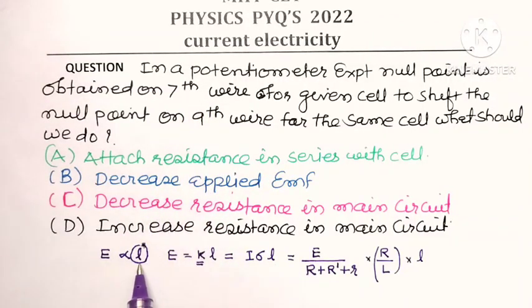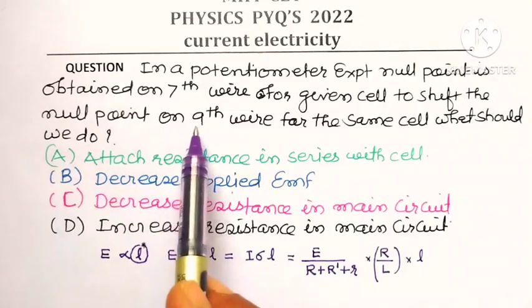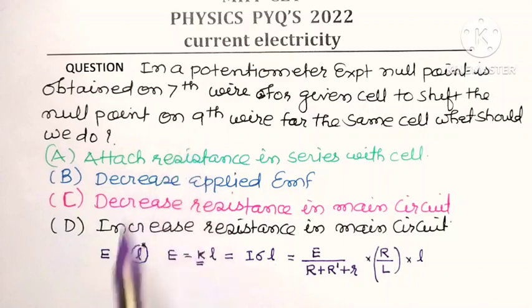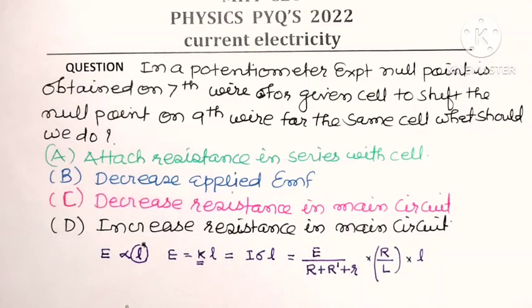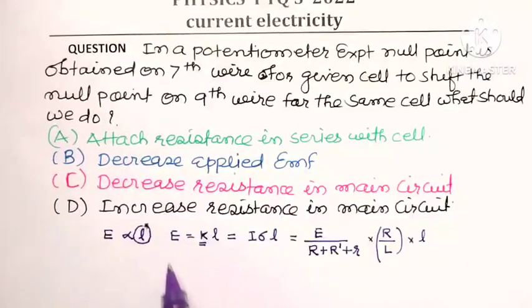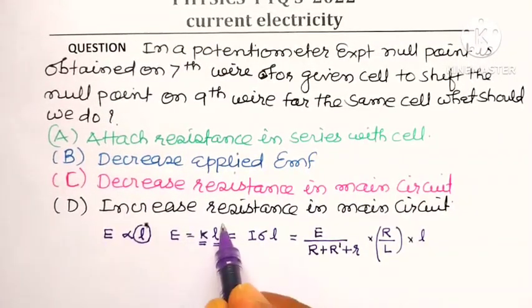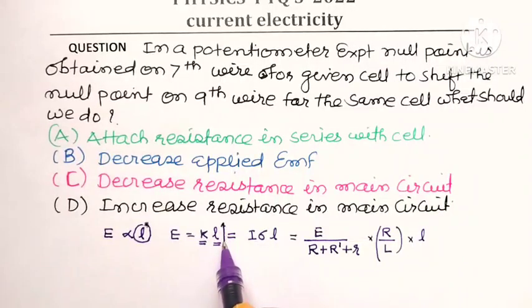We want to increase the balancing length so that its value will be somewhere between 800 to 900. As E is directly proportional to L, and E is equal to K into L1, whenever we want to increase the balancing length, this potential gradient must be decreased.